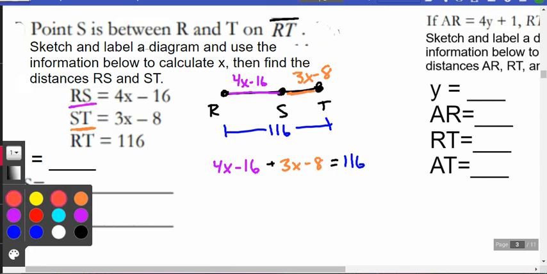Simplify the left-hand side, combining like terms. So 7x minus 24 equals 116. I'm going to add 24 to both sides.